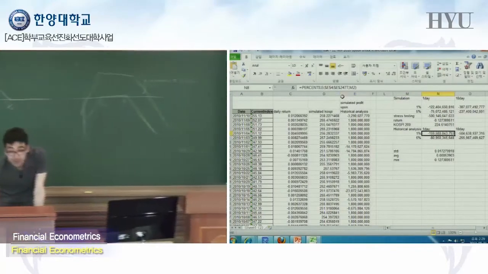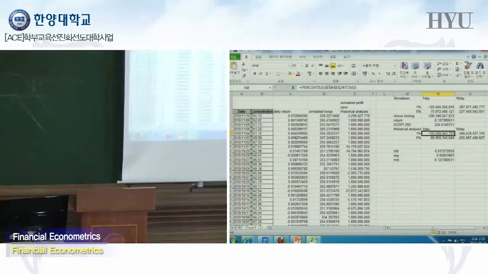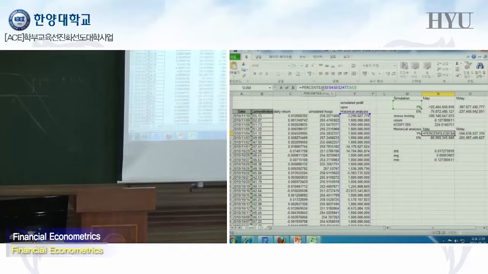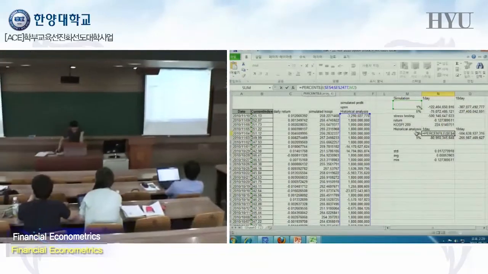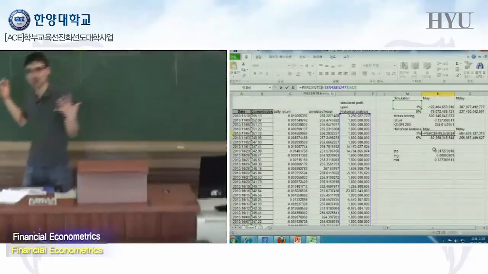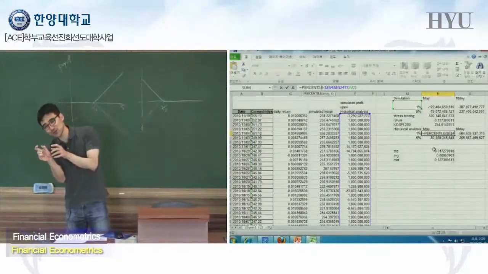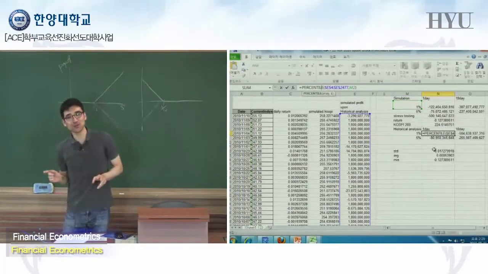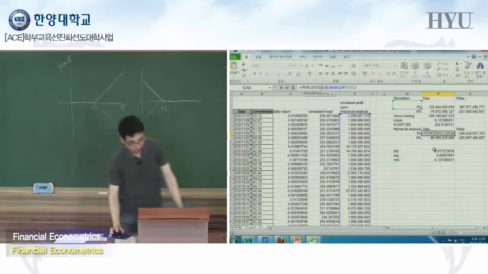In Excel we have a convenient function called percentile. For this percentile function, we first set the range to this entire set of values, and then 1%. We are interested in 99% confidence, which means we are looking for the last 1 percent border value, which is called the percentile.